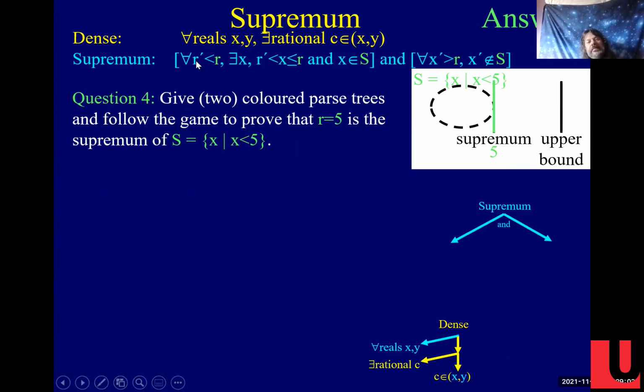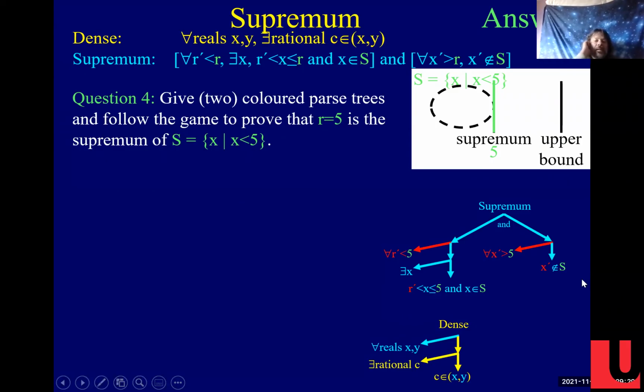So it has an and, because here's the and. We have 2 statements here. One statement is we're given a value r prime, and then there's a blue exists, and then there's our statement. On the other side, we're given a red for all, and then our statement.